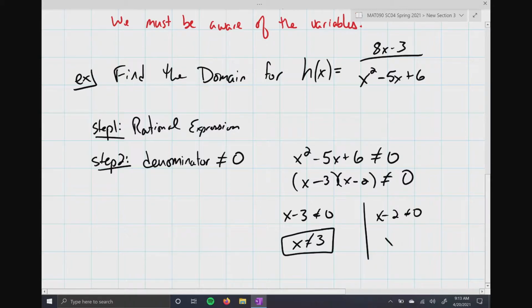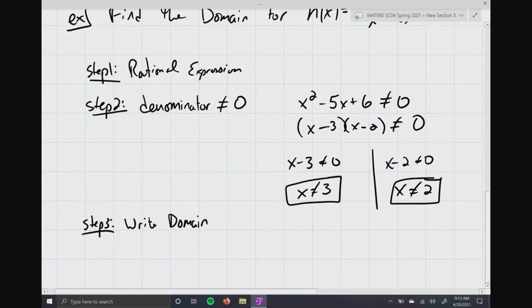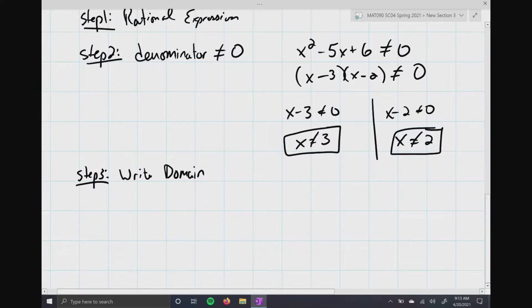And by me solving this, step 3, which is write the domain, I know that x can be any number I want except x cannot equal 3 and x cannot equal 2, because if they do, they will break my function. Okay? Now, let me show you how to write that in our new notation.